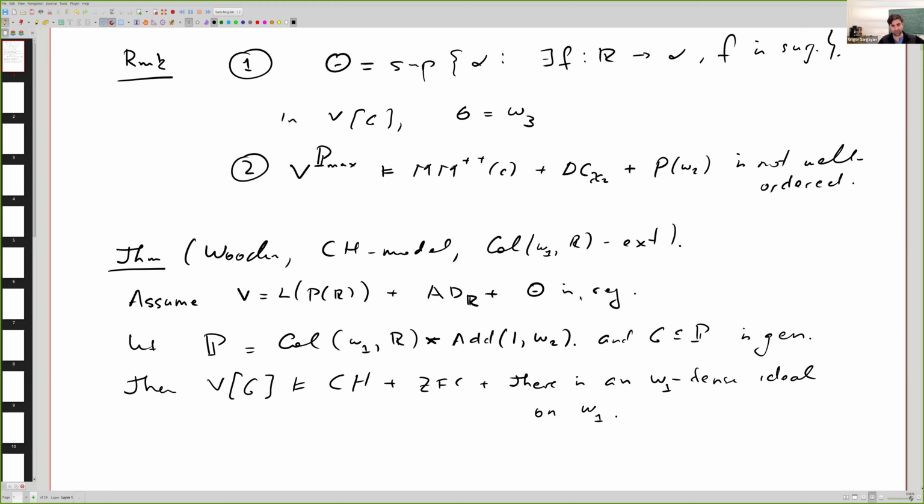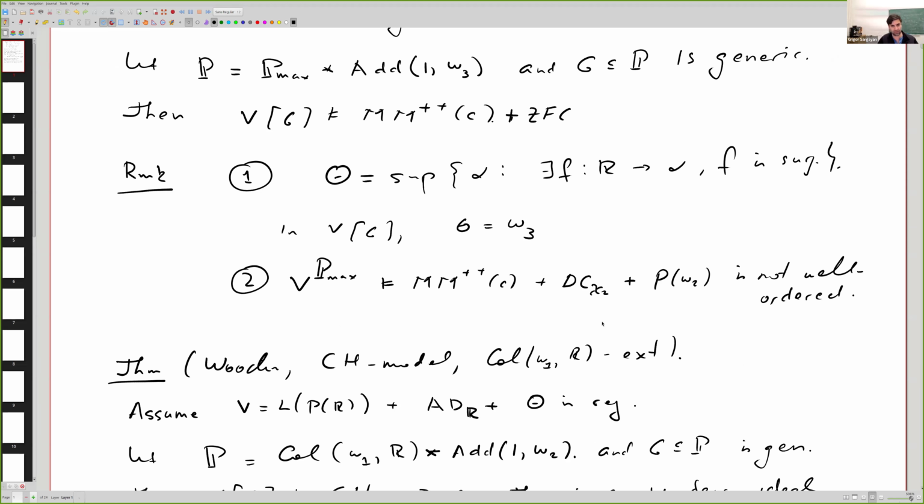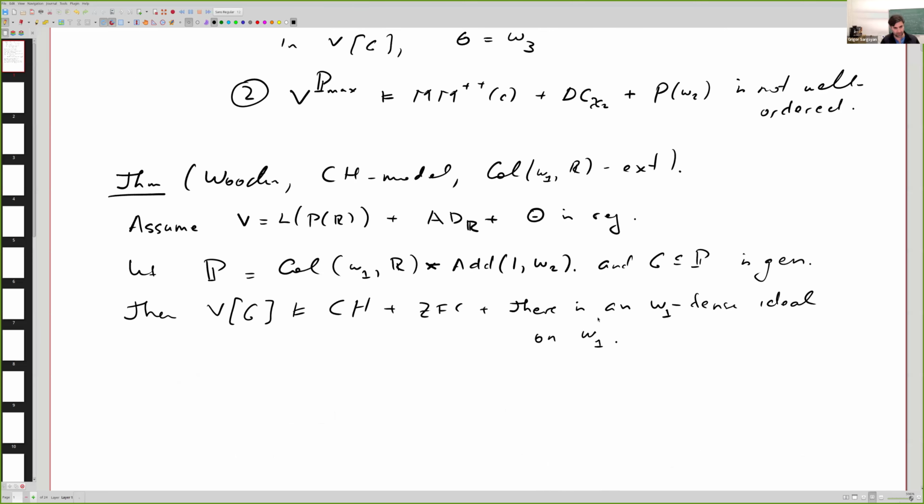Okay, so you have these two ways of going from determinacy. And of course you could ask, can you force MM in general, right? So I guess this was already asked by Woodin. The question is, well, definition first.